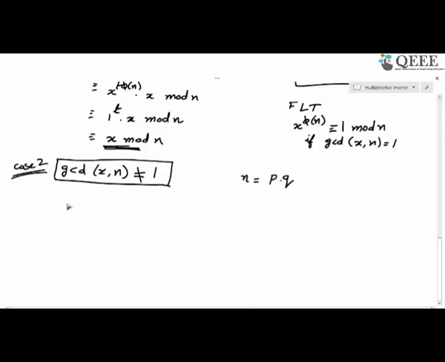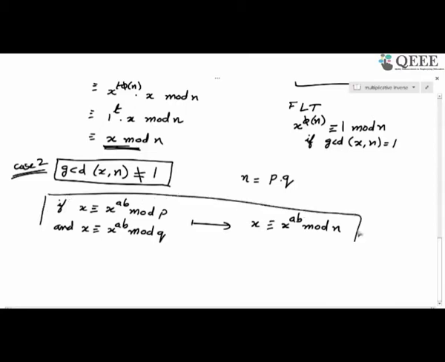Then the Chinese remainder theorem tells us that if x is congruent to x to the power of ab mod p, and x is congruent to x to the power of ab mod q, then it implies that x is congruent to x to the power of ab mod n.